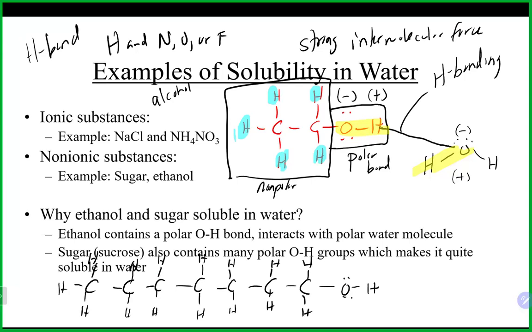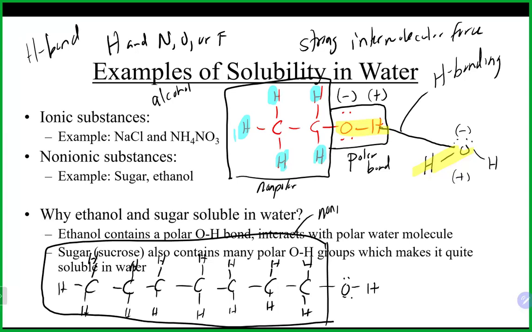What happens in this case is we now have a fairly large part of this molecule that's nonpolar. So we get this really big nonpolar part. It still has this part here that is polar.